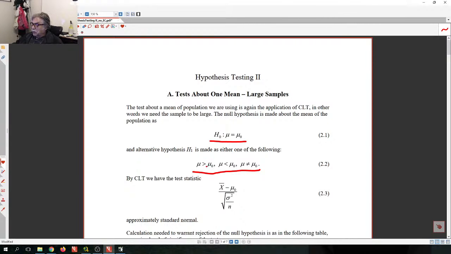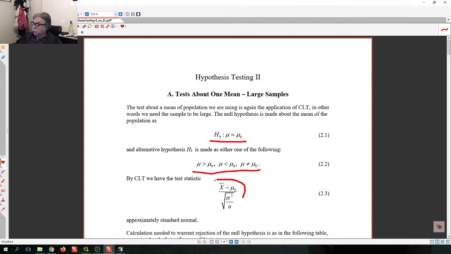It's either going to be that the mean is not the something that was claimed, or that it's bigger than what is claimed, or that it's less than what is claimed. So one of the three, not all three. If it's not equal to what was claimed, that will be a two-tailed test; if the actual mean is bigger than what was claimed, it's going to be the right-tailed test; or if it's smaller, then it's going to be the left-tailed test.